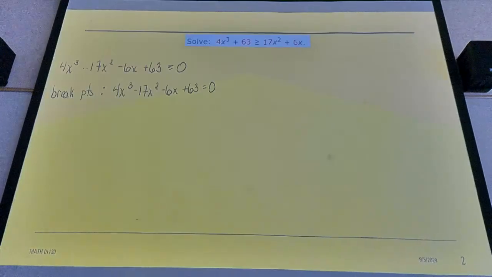So first you have to use the rational roots theorem to list out the possible rational zeros. Factors of the constant divided by factors of the leading coefficient. Those are all the possible rational roots.